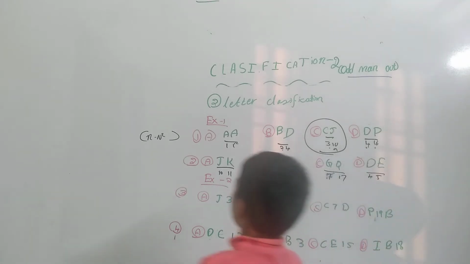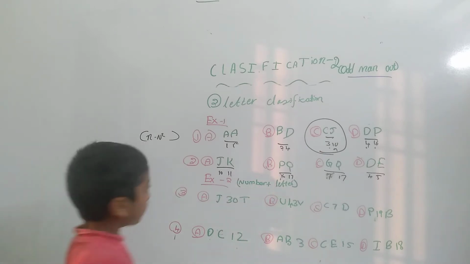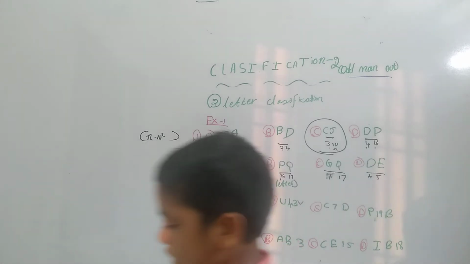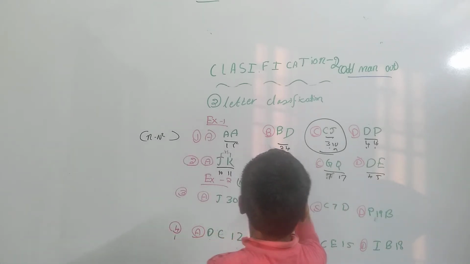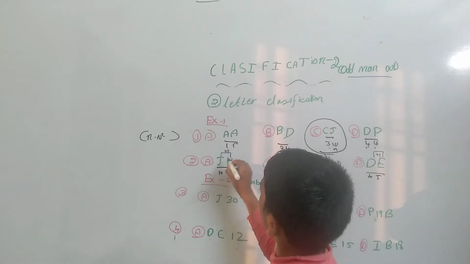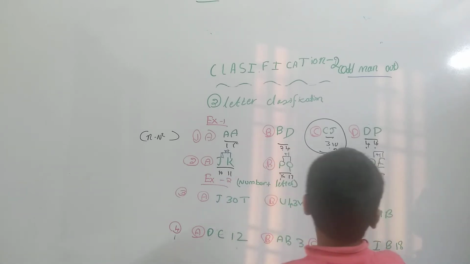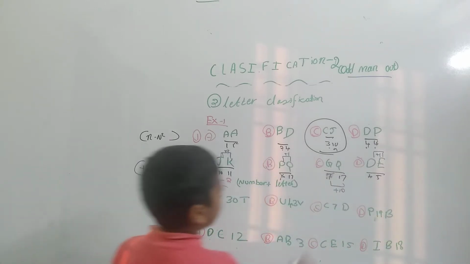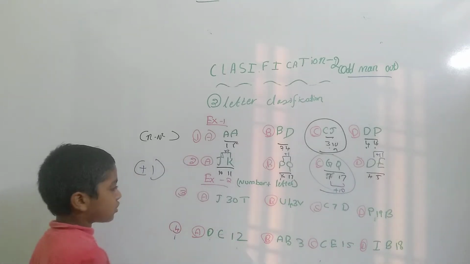We see here plus 1, plus 1, plus 1. This one only is plus 10. Here all the following are plus 1, and this one only is plus 10. The answer is GQ.